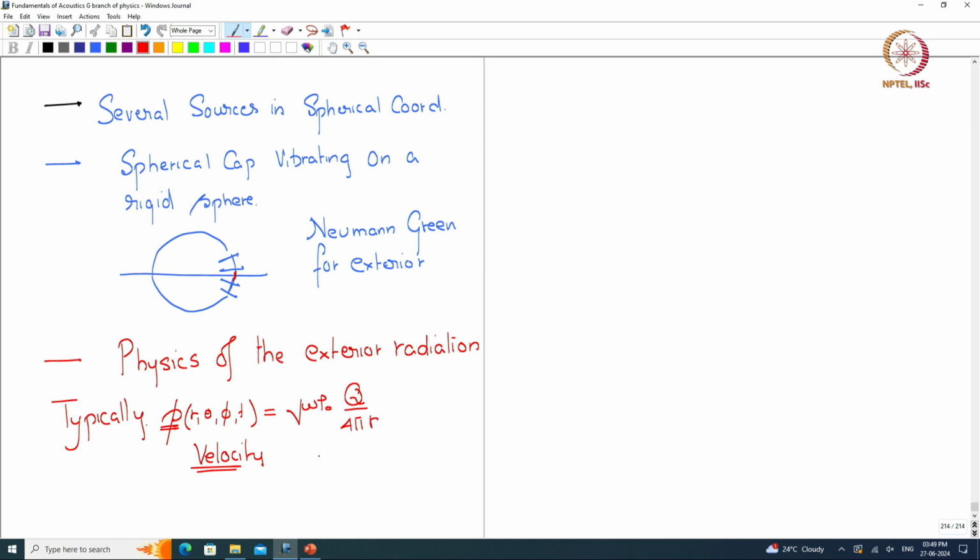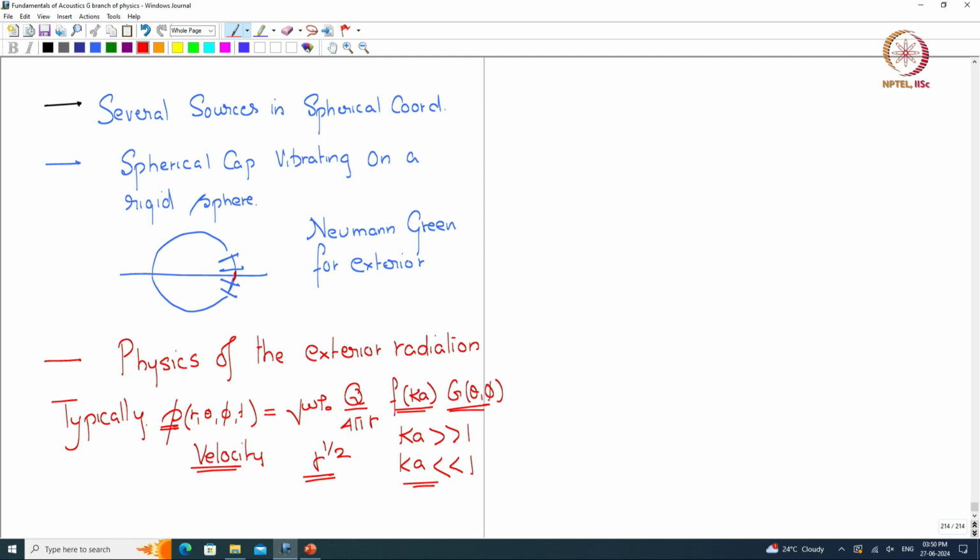It could be r to the power half if it's a cylindrical source and so forth. Then a function of Ka, which changes as the radiator becomes efficient or inefficient, and a further function of theta and phi.